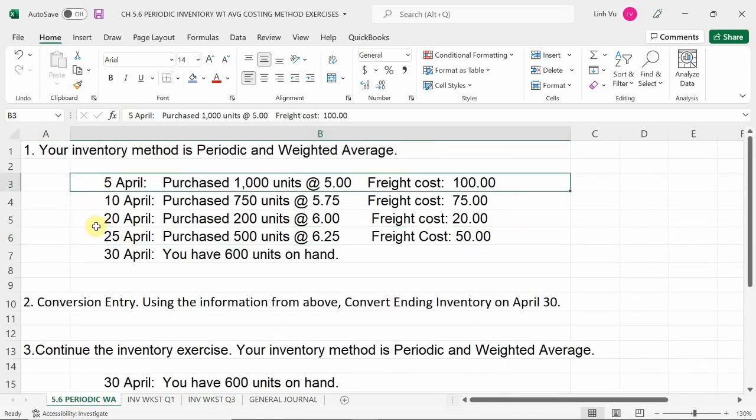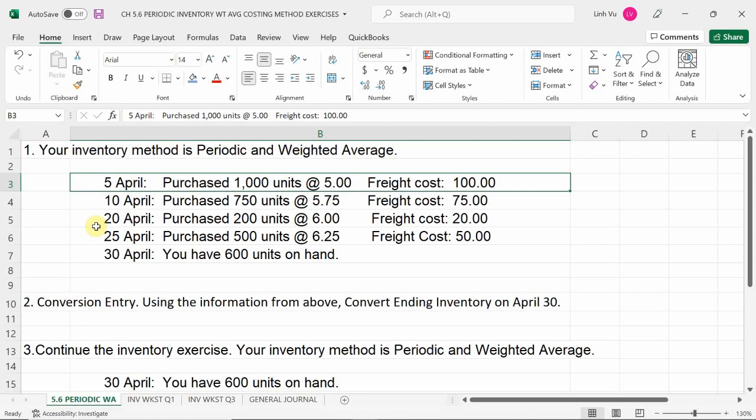This time, number 1 says your inventory method here is going to be weighted average, okay, and it's periodic. So here on April 5th, we purchased 1,000 units at $5 each with the freight costing $100.